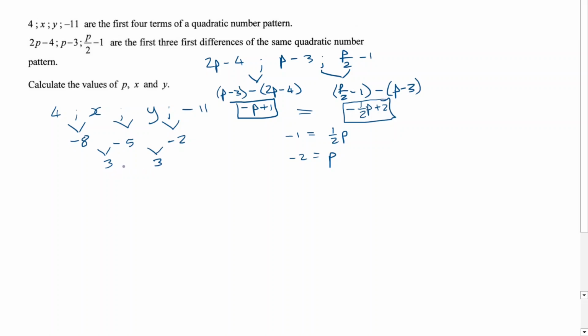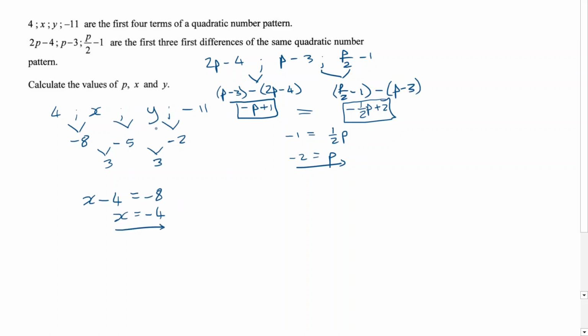And so we've worked out p. How do we get x and y? Let's zoom in just here. If I wanted to work out the first difference between these two, if I didn't know the minus 8, I would say it's term 2 minus term 1. And so when I take that plus 4 across, it becomes minus 4.